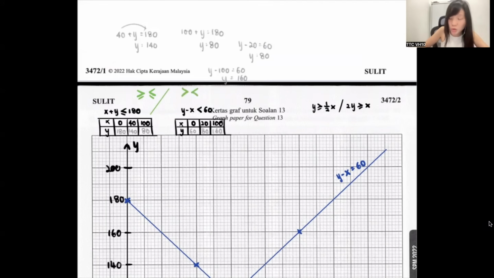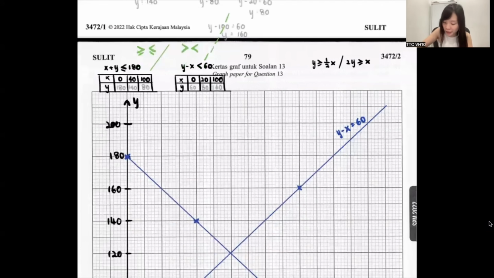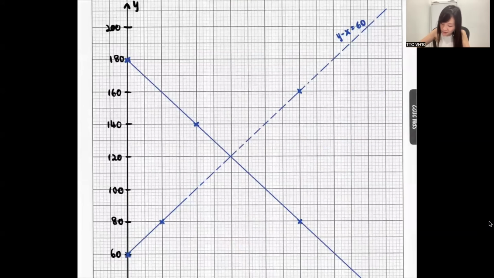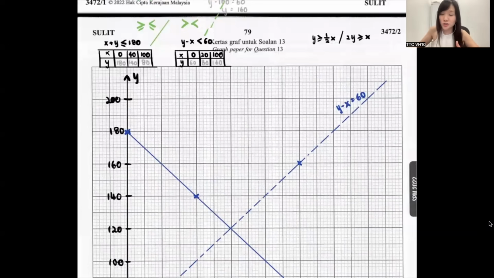If no equal, you're going to draw a dotted line. So it's very important that this one has no equal, can you see, my dear? This bigger, smaller have no equal, right? So this one you must draw a dotted line. Now I make it a dotted line. Okay, this is a dotted line. Must draw a dotted line. They will deduct your marks if you didn't draw a dotted line.